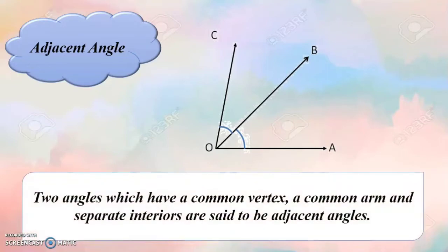Therefore, two angles which have a common vertex, that is O in this example, a common arm, that is OB, and separate interiors are said to be adjacent angles.